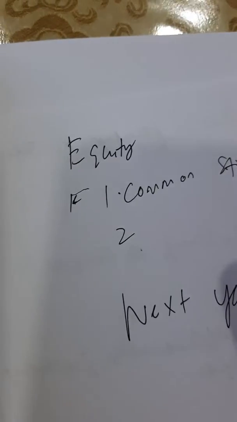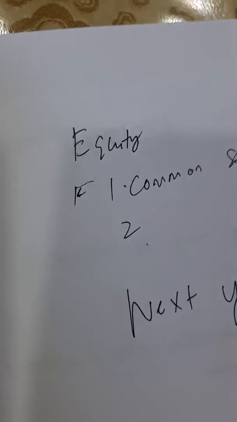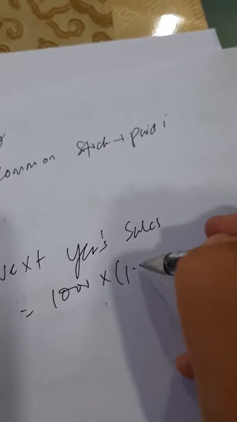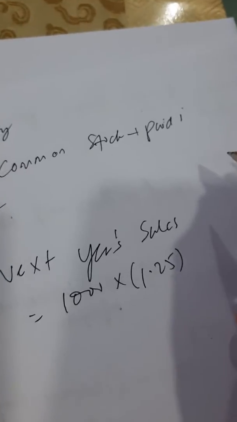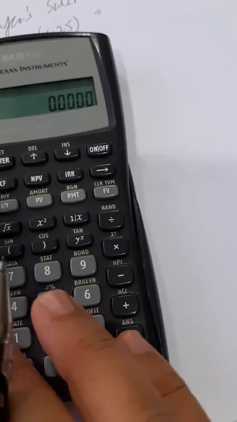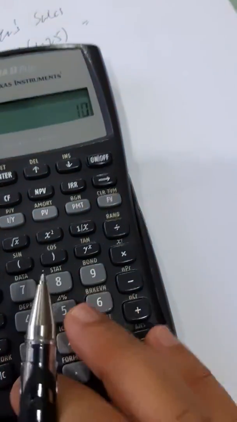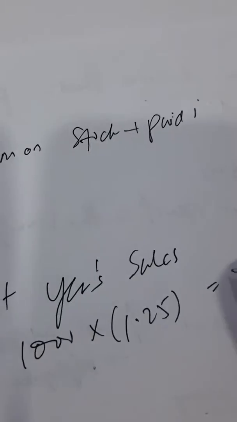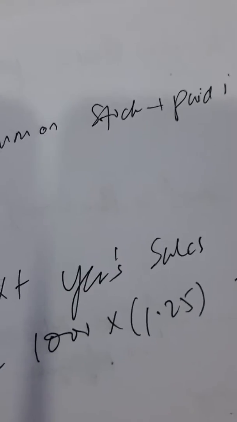So next year's sales is equal to 1,000 multiplied by 1.25, which is 1,250.